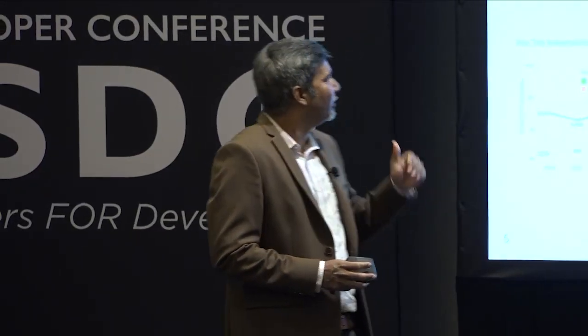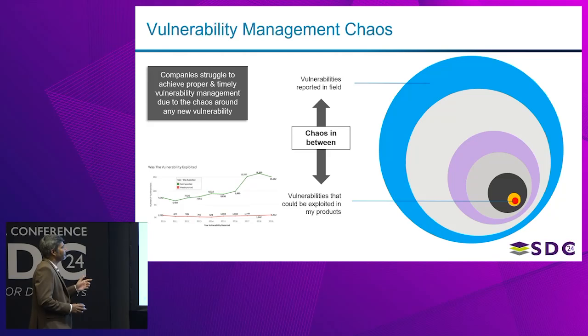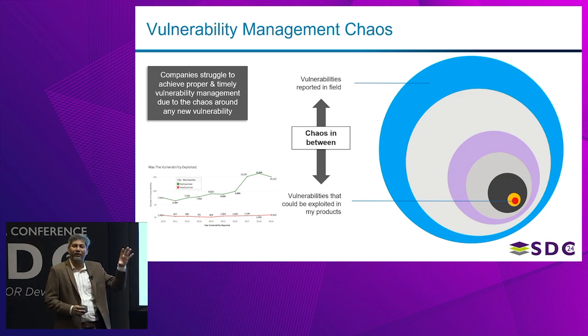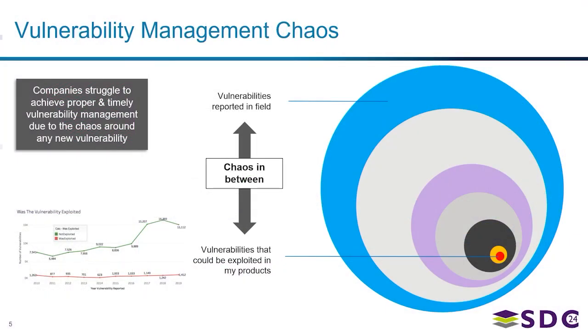It's even more concerning when we start looking at these vulnerabilities. So let's deep dive into what is known as the vulnerability management chaos. Look at the blue circle in this picture: it denotes the possible amount of vulnerabilities identified in the field, while what you really need to work on is just this small dot that you see. How does this chaos come into play?